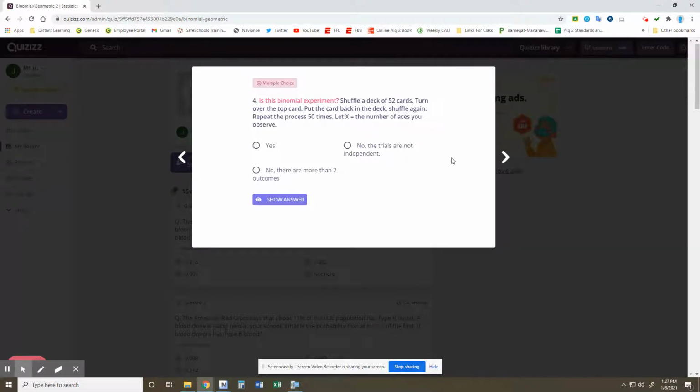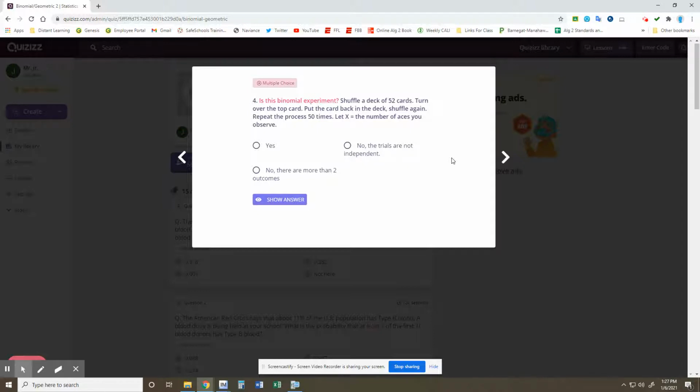Now you're shuffling, which is randomizing everything. You select a card. It could be an ace. It could not be an ace. It doesn't matter. You end up putting the card back, thus resetting the probability back to 4 in 52. If you put that card aside, all of a sudden that 4 in 52 chance would change.